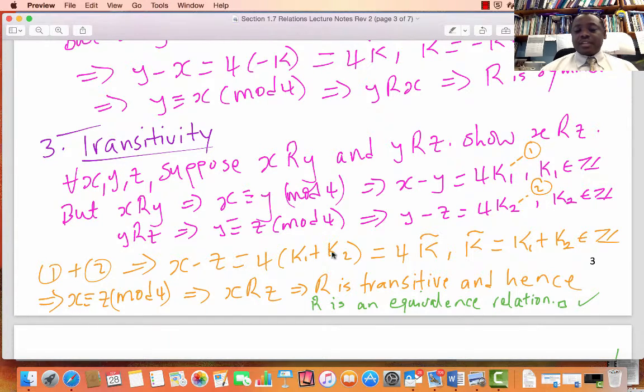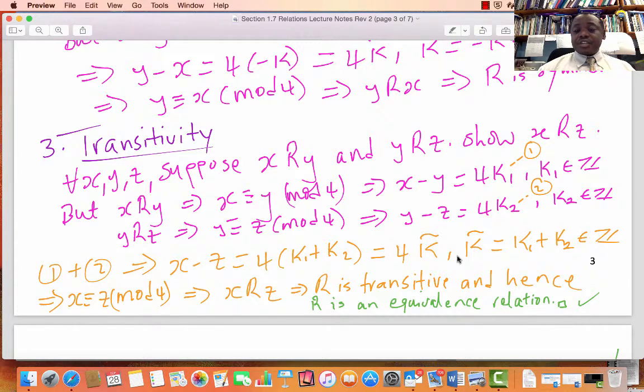k1 is an integer, k2 is an integer. The sum of two integers is an integer, so that equals 4k wiggle, where my k wiggle is k1 plus k2, and that is an element in Z. So I have written x minus z as 4 times some integer k wiggle.